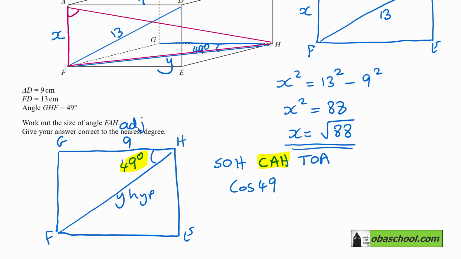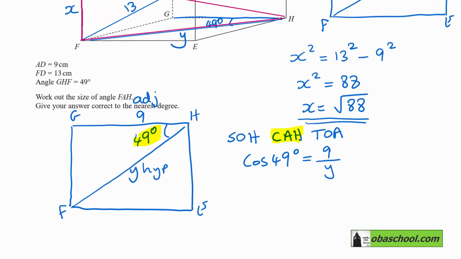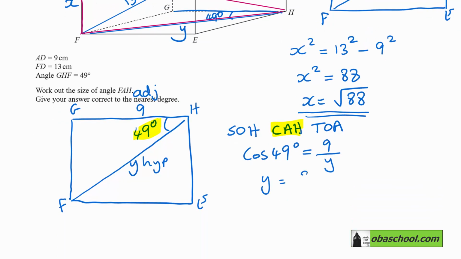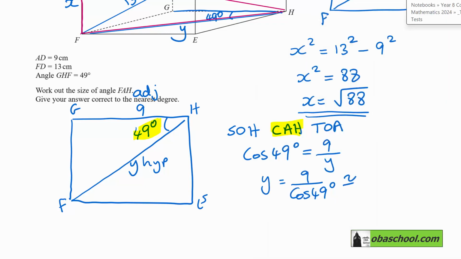The cosine of 49 degrees is equal to the adjacent, which is 9, over the hypotenuse, which we called Y. Rearranging that gives us Y is equal to 9 divided by the cosine of 49. And we can give an approximate calculation for that one. So we'll do 9 divided by cos 49. 13.7183.